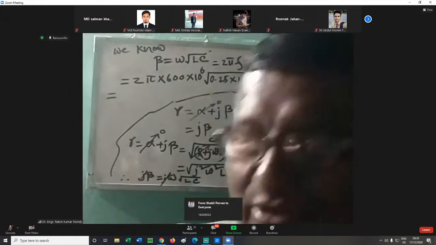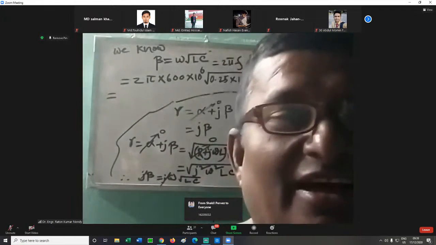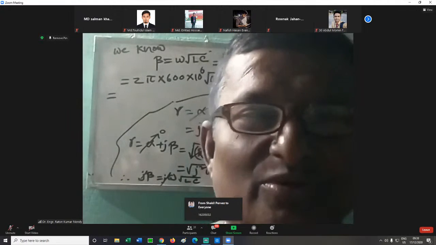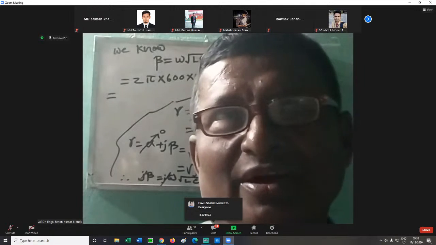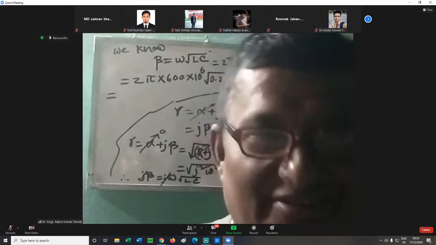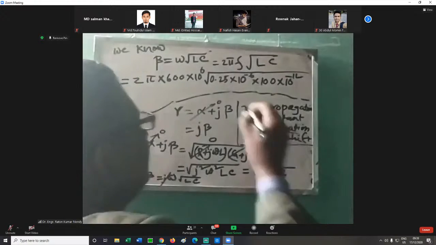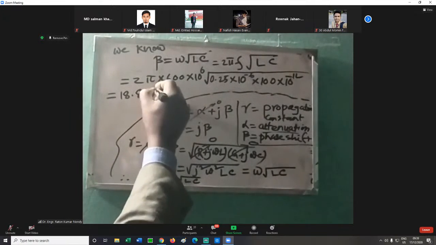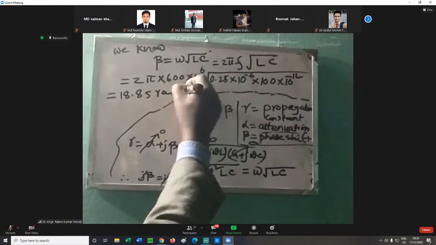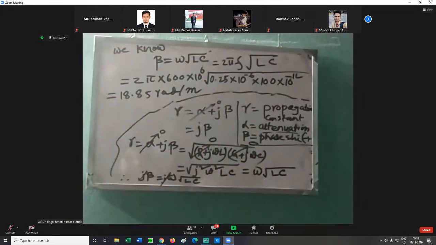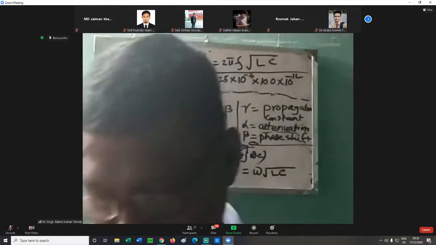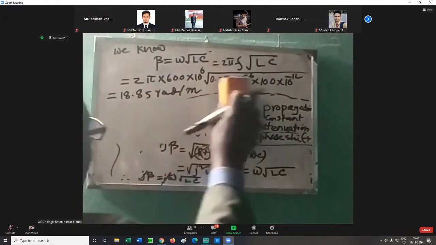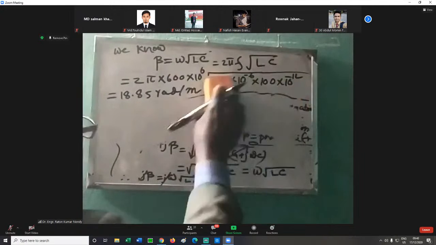In case of linear velocity, when a car or bus is running, it is miles per hour or kilometers per hour. So we write 18.85 radian per meter. Thank you very much. The result coincides with the book. Now the next question for us to calculate.